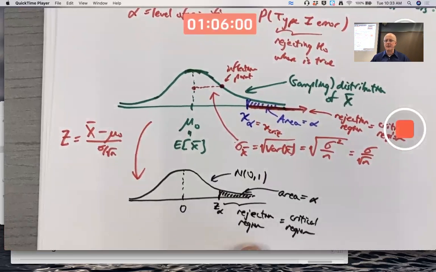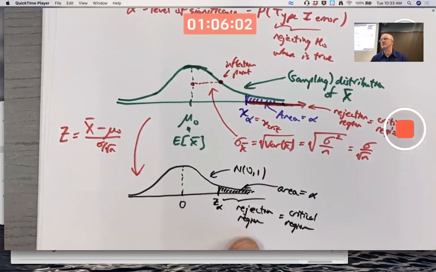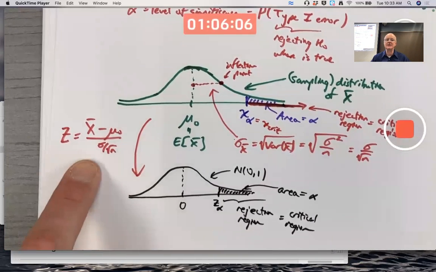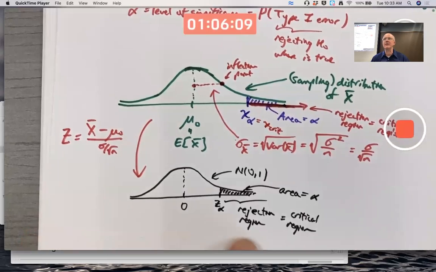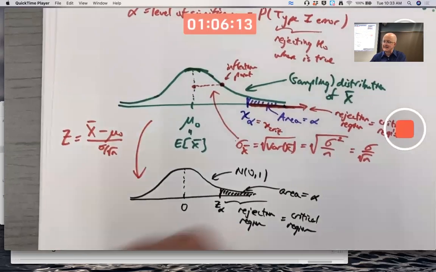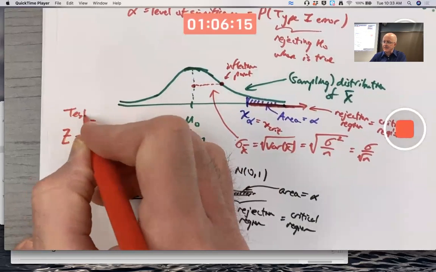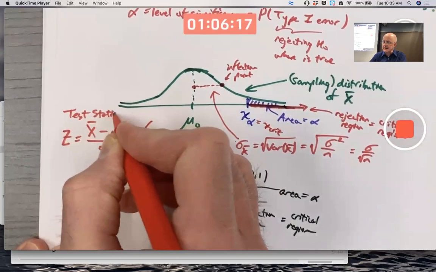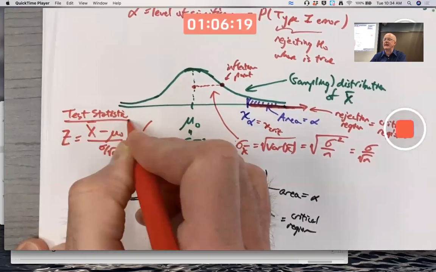It's easiest to figure out the rejection region in terms of Z first. And therefore, it's typically easiest to do this first and decide whether to reject or not based on the value of Z. This is your test statistic for the test. I mean, you could call X bar a test statistic as well.